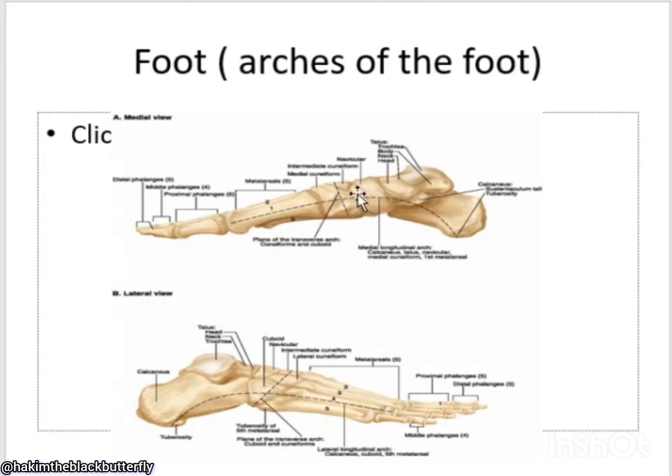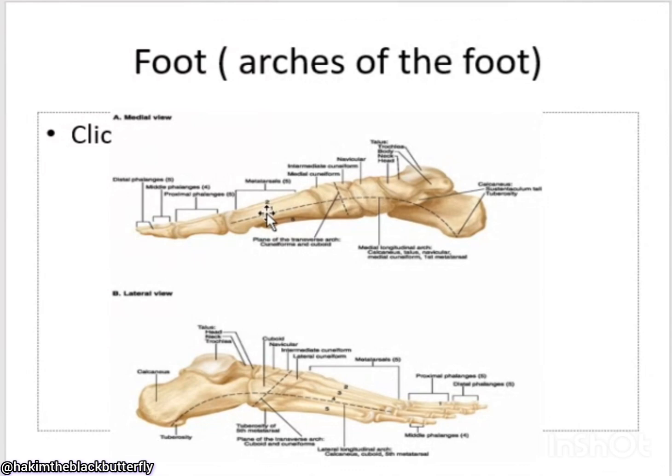Then this bone known as the navicular. And then here we have three bones known as cuneiform bones. This is the medial cuneiform bone, the intermediate cuneiform bone, and we have a lateral cuneiform bone. Then it is made up of these bones, the first, the second, and the third metatarsals.